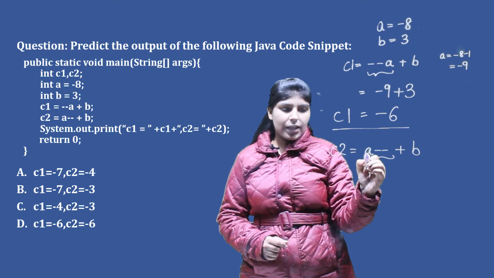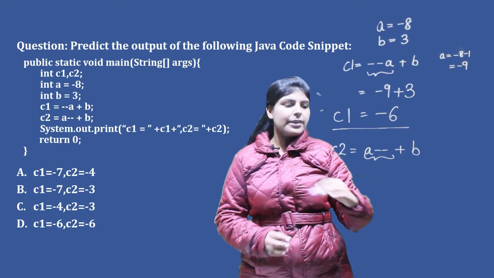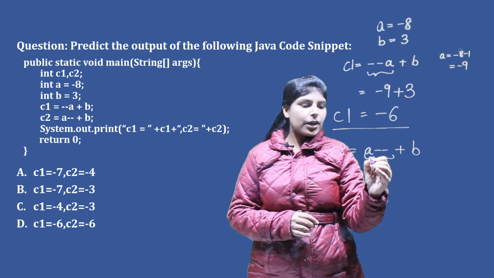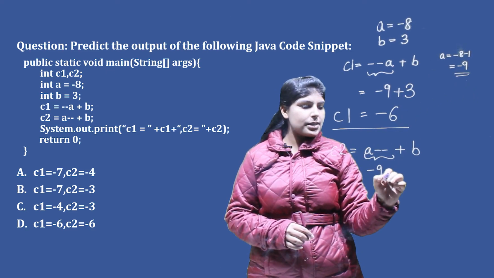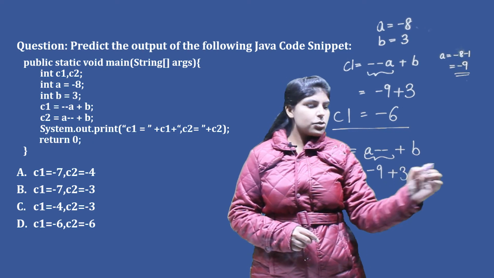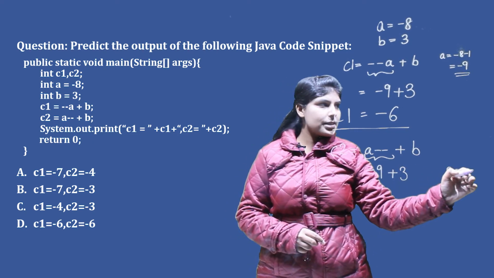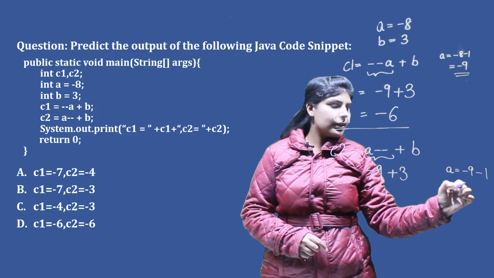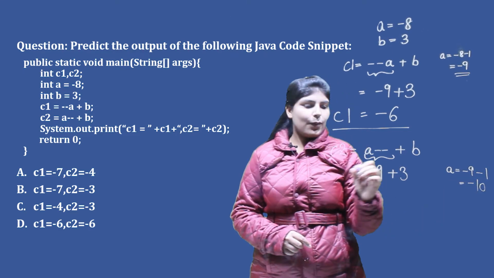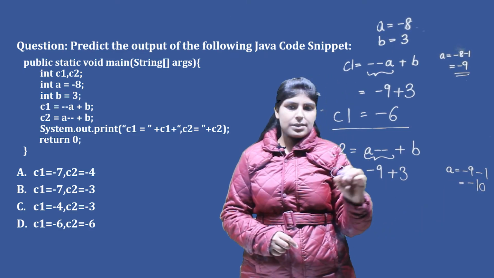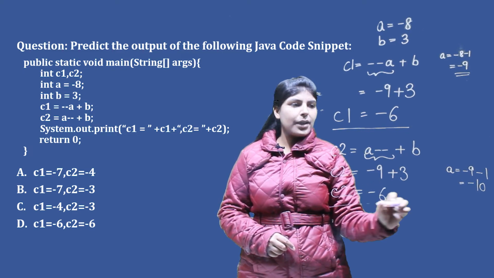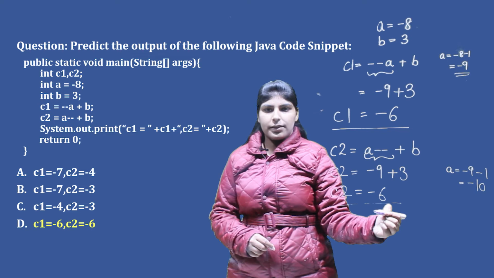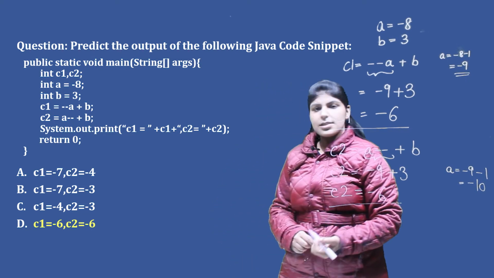So first I'll use the current value of A in this expression and then I'll decrement A. So the current value of A is minus 9. So I'll use it here, minus 9 plus 3. So now A will be changed to minus 9 minus 1, that is minus 10. The value of C2 will be minus 9 plus 3. So that is minus 6. So C1 will be minus 6 and C2 will be minus 6. So the correct option is D.